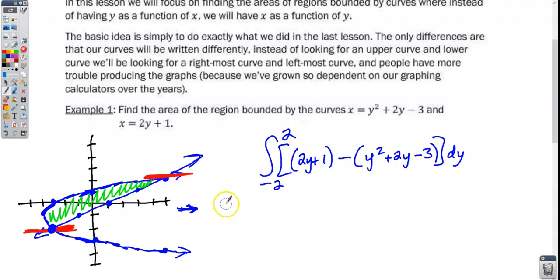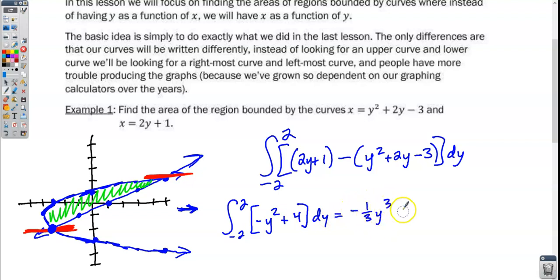And now I can go ahead and integrate this. Since I've done this all by hand so far, don't stop now. I'm going to go ahead and simplify this. 2y minus 2y, those cancel out. 1 minus -3. There's my integral. I'm going to find my antiderivative and evaluate this from -2 to 2.